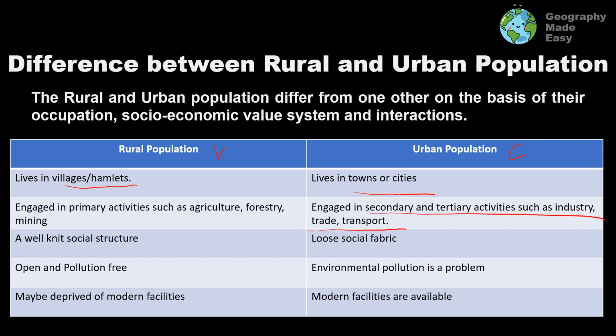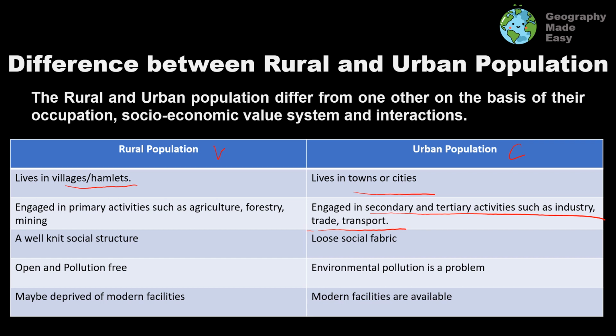A well-knit social structure is seen in rural populations because of the agrarian nature of the society. We see that the intersocial relationships between people living in the village is very well knit. For example, people know each other who live in that particular locality. All of the locality as a community are aware about what is going on in the village.